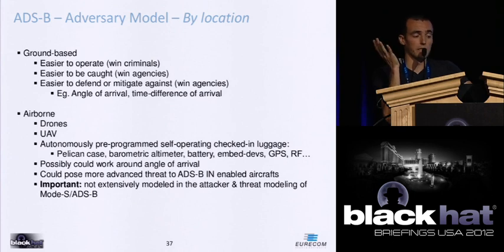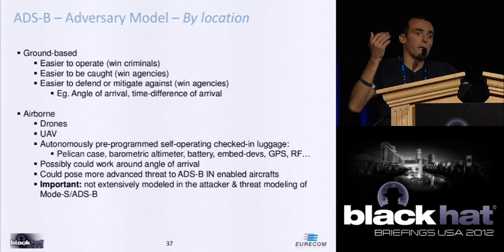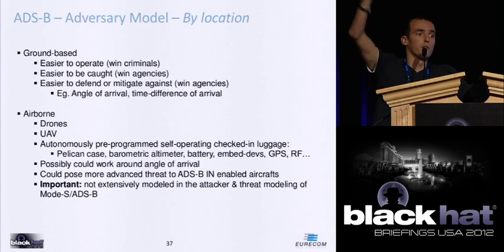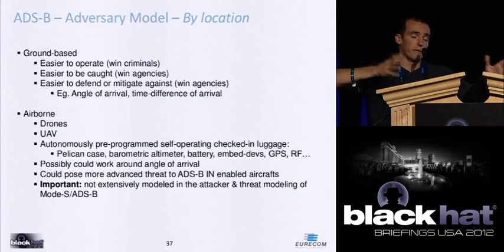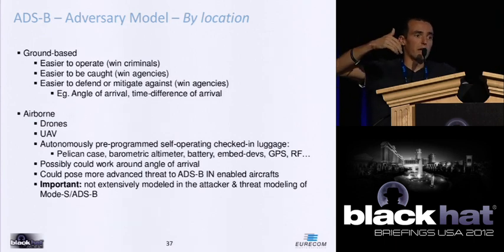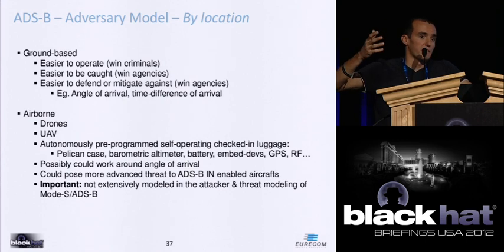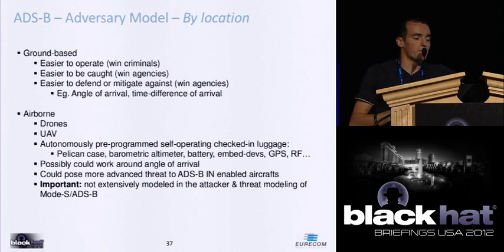It's also easier to defend or mitigate against this kind of attack, because while sitting on the ground, an attacker cannot, by the laws of physics, impersonate an angle of arrival from 2,000 or 30,000 feet. They have arrays of antennas which can detect the angle of arrival of a given signal, and can detect that a signal has been spoofed by a car with a 10 feet antenna.